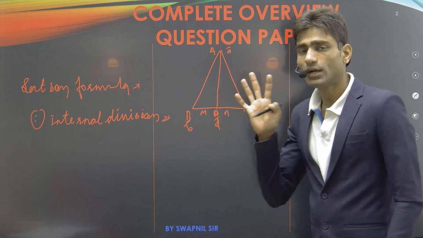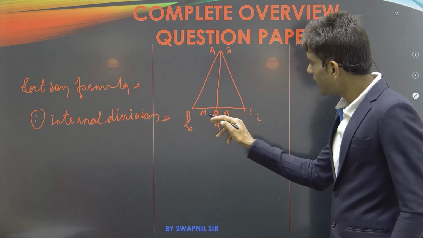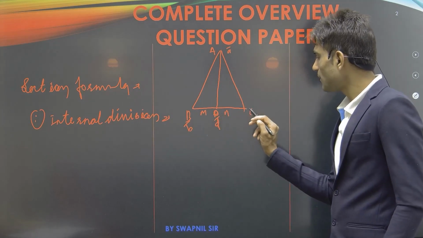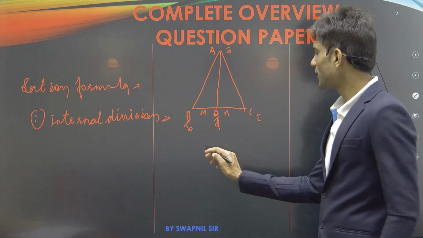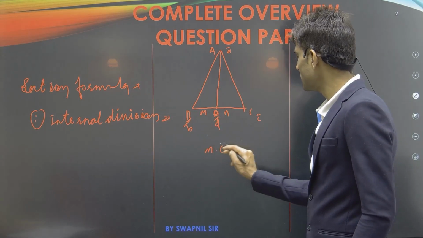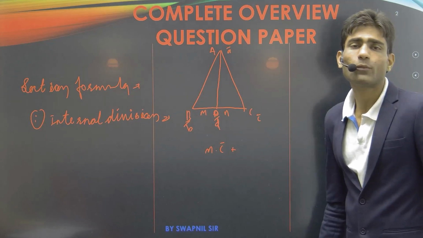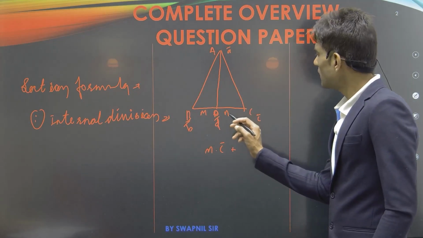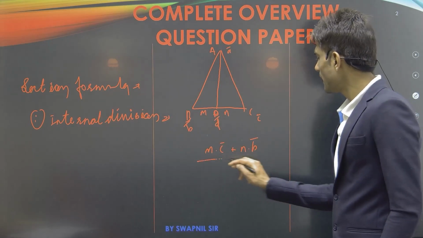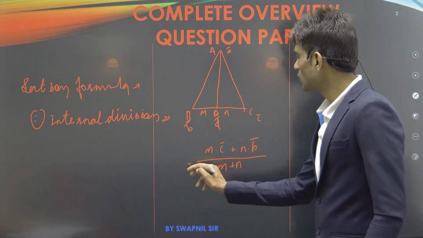Now the section formula for internal division says: take the ratio and multiply each part by the opposite position vector, so m into C bar, plus, since it is internal division we take a positive sign, n into B bar, divided by m plus n, which is equal to D bar.